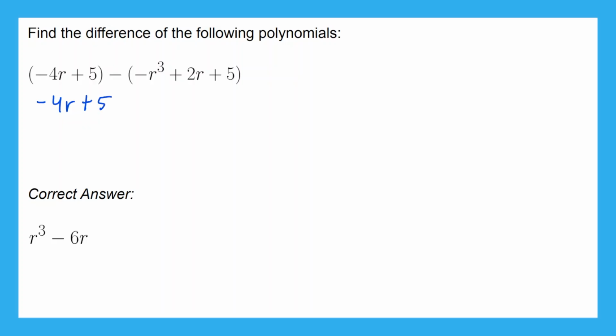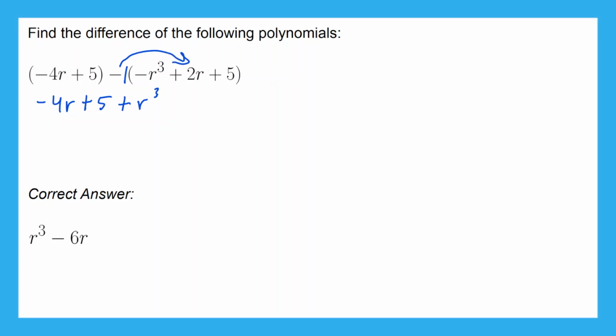Now, once again, we have a negative right here. So we're going to distribute this as if it's a negative 1 to the rest of that polynomial. So let's write a 1 right here. We're going to do negative 1 times negative r cubed. Well, that's going to be a positive r cubed. So plus r cubed. Now we're going to do the negative 1 times the 2r.